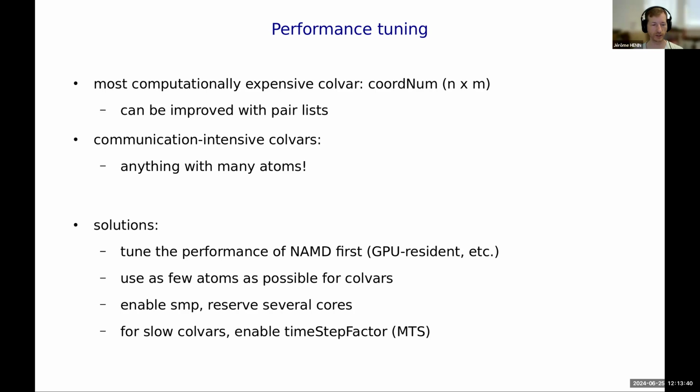I'm not sure it's entirely up to date, but if you really don't see the performance you expect, you should ask your local NAMD experts or the mailing list if there is a way to improve the throughput of your NAMD simulation. And then for Colvars, don't use more atoms than necessary. For example, don't restrain a protein by putting restraints on every single atom of the protein. It's usually not necessary. It won't make a difference.